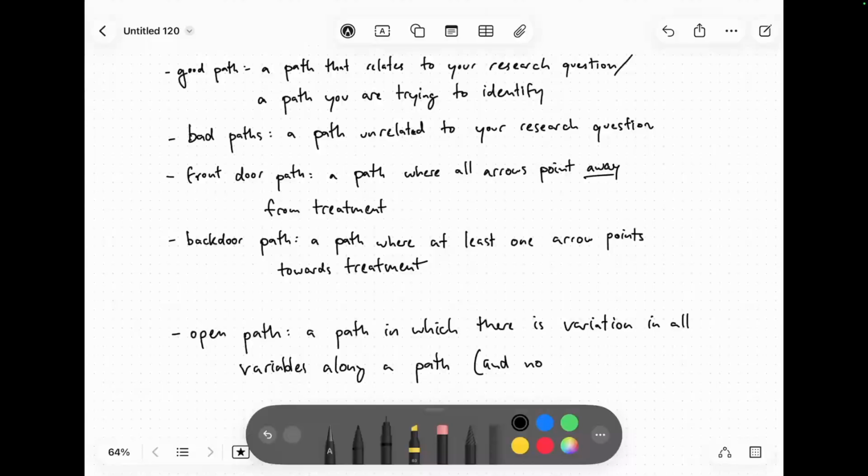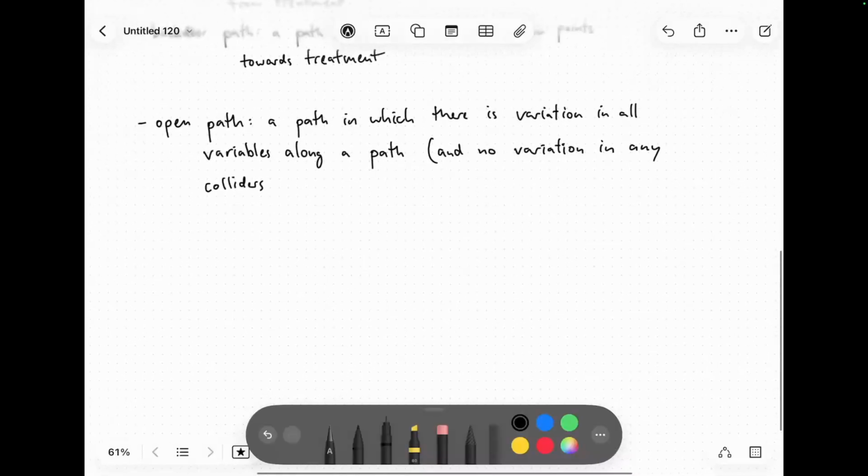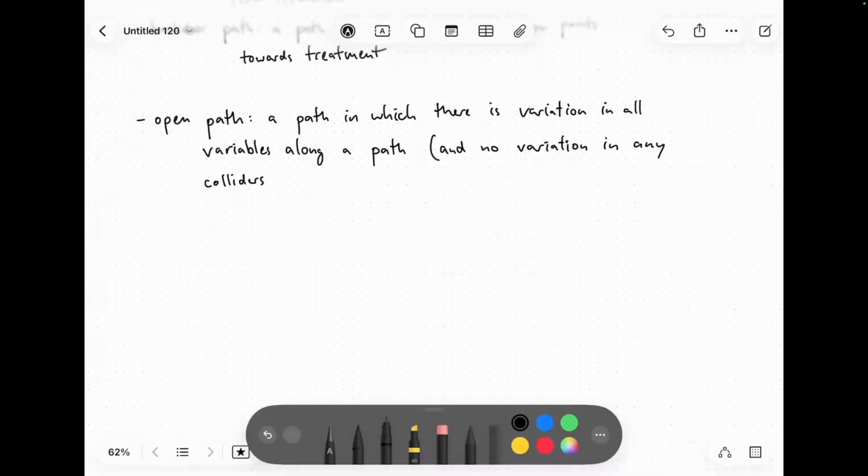And I'm going to put in parentheses here, we'll talk about this in a second, and no variation in any colliders on the path.